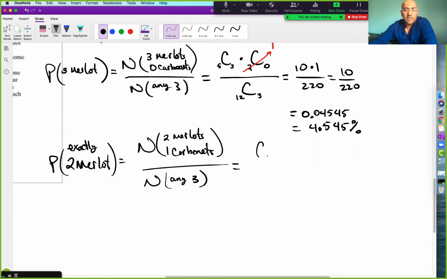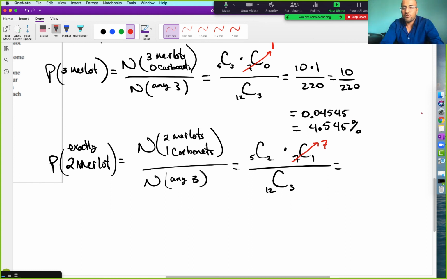So this must be combinations of, from the 5 Merlots, we pick 2, times, from the 7 Cabernets, we pick 1 of them, divided by combinations of 12 choose 3. Again, this one should be easy. How many ways are there to pick 1 out of the 7? Well, there's 7 ways.